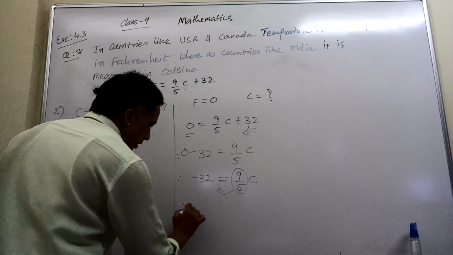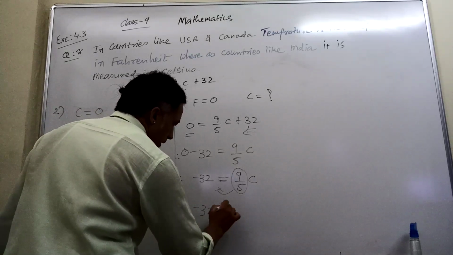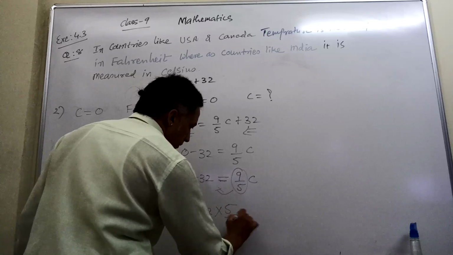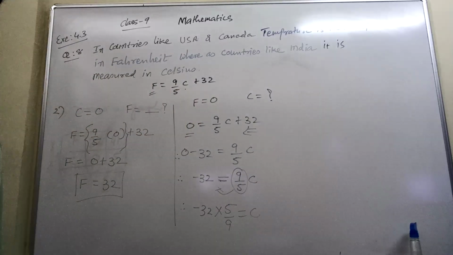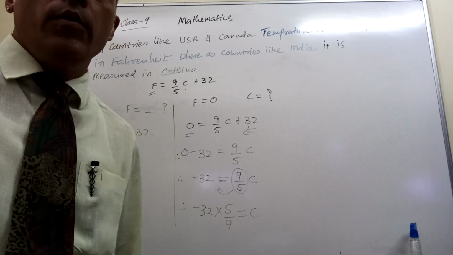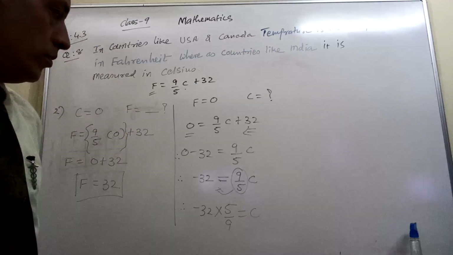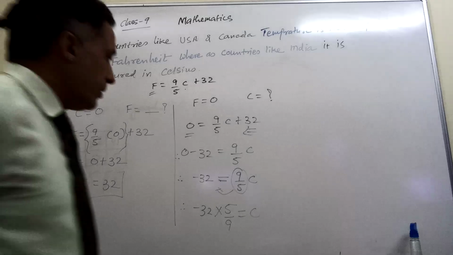So minus 32 multiplied by 5 upon 9, and that will be the value for C. C is equal to minus 32 multiplied by 5 upon 9.